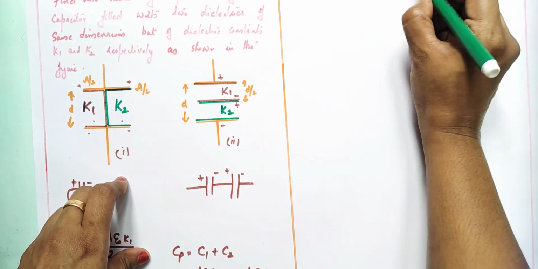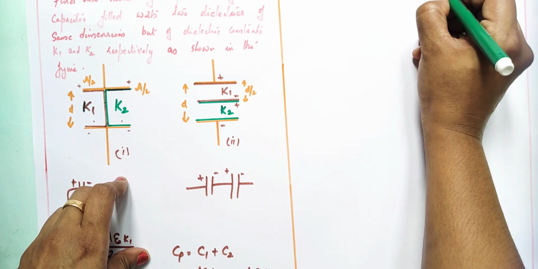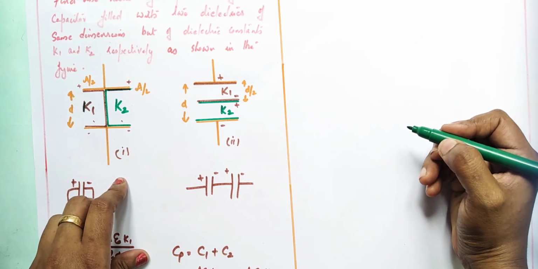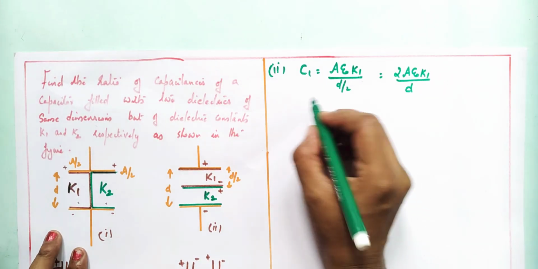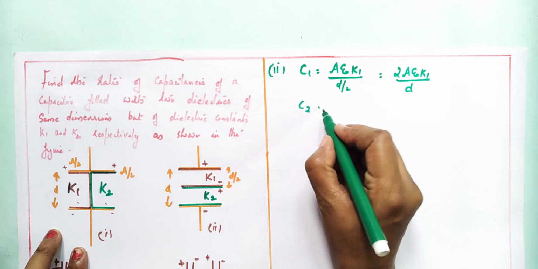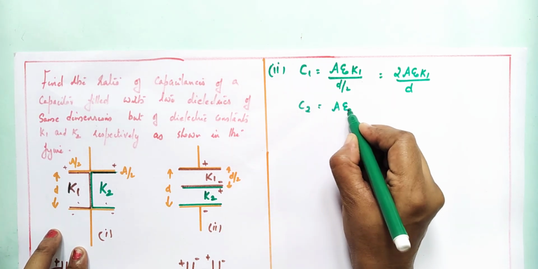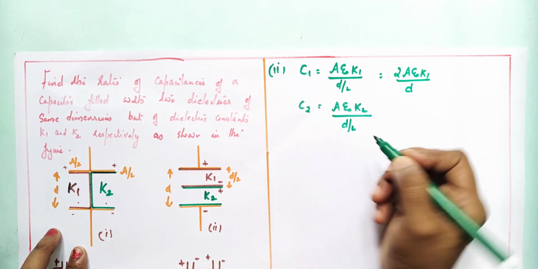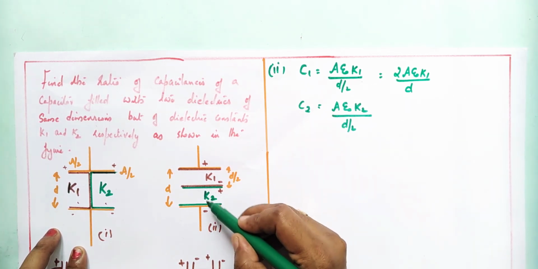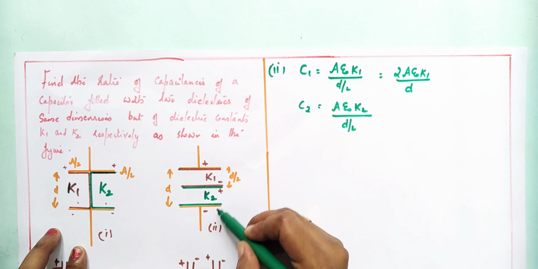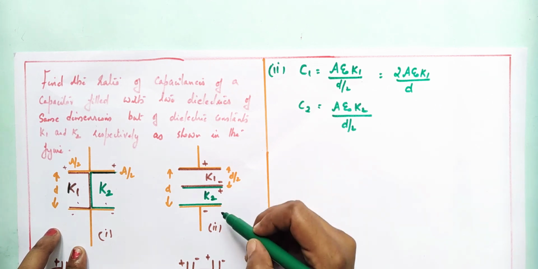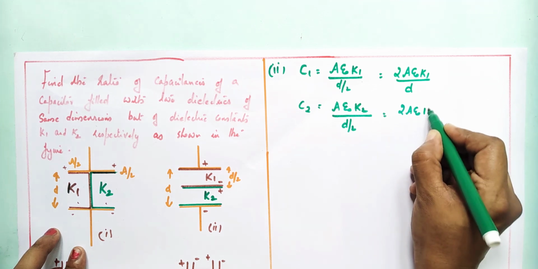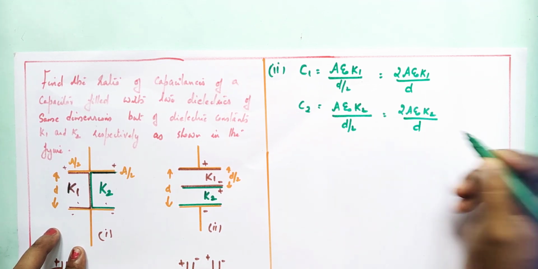So 2 comes to the numerator: 2A epsilon 0 K1 divided by D. Now C2 is again A epsilon 0 K2 divided by D by 2, since the separation divides. Again 2 comes to the numerator: 2A epsilon 0 K2 divided by D.